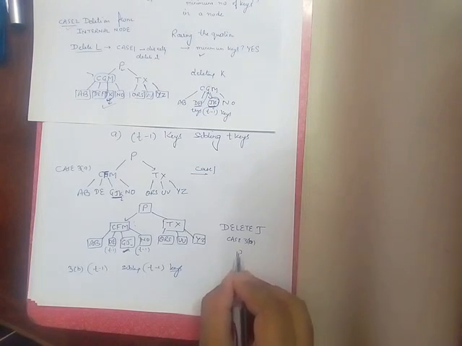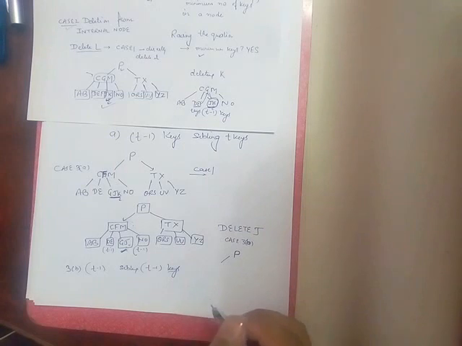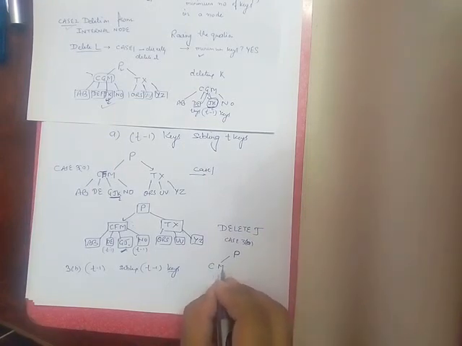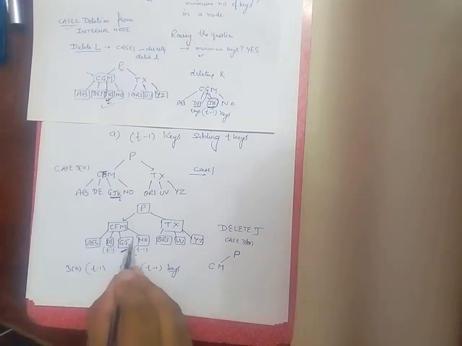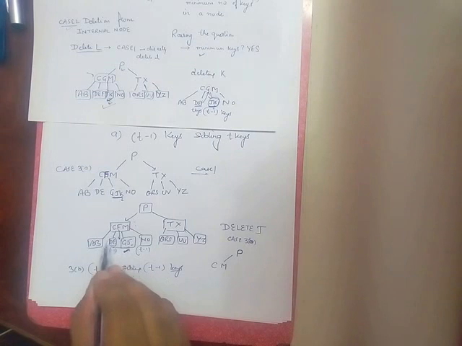The root will have P, and its left child will have C and M. As we are merging these two nodes and bringing F downward, we can do like this, or we can merge these two nodes and bring M downward.